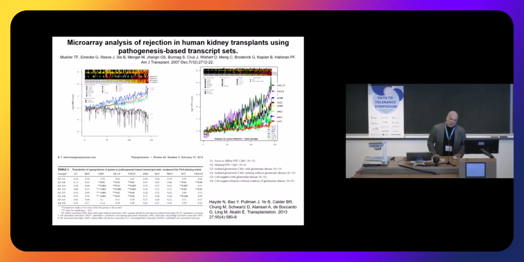Pivotal paper by the Halloran Group, Thomas Müller, now retired in Switzerland. I envy him. The fundamental finding on the left top is when you study all human genes expressed, 25,000 roughly, in a kidney transplant biopsy, you see a fundamental relationship between more T-cell inflammation associated transcript, blue line at the top going up, gray and black lines at the bottom, regular metabolism in tubules and nephrons going down.